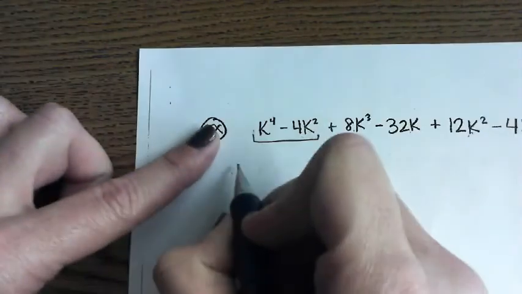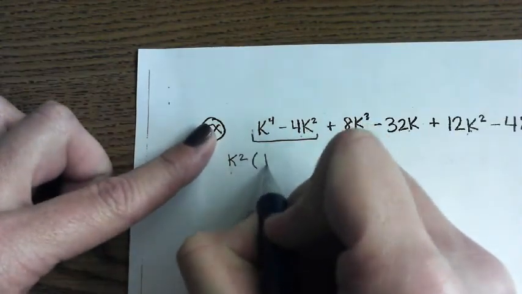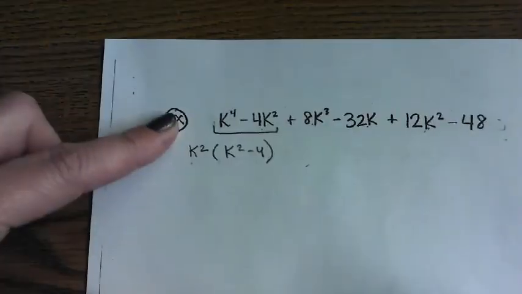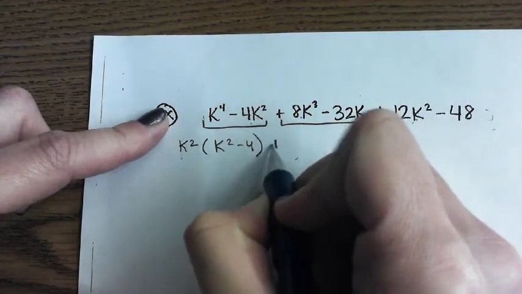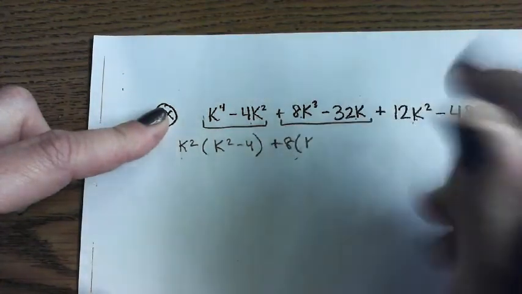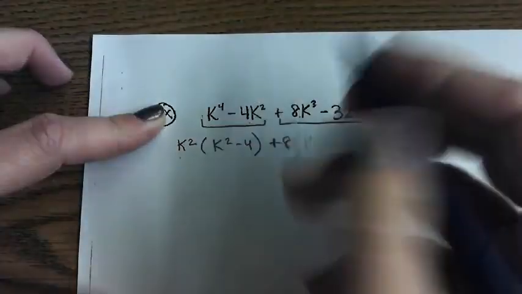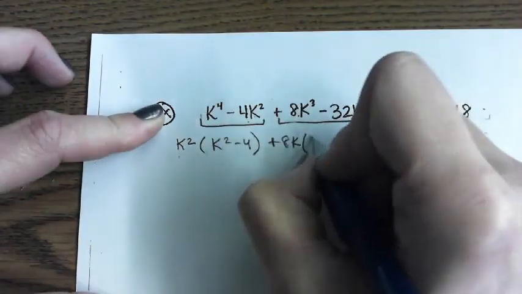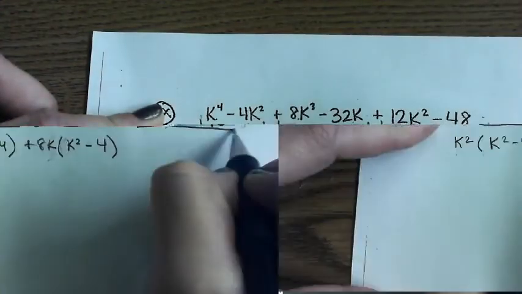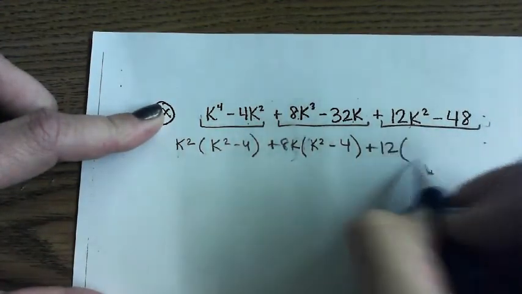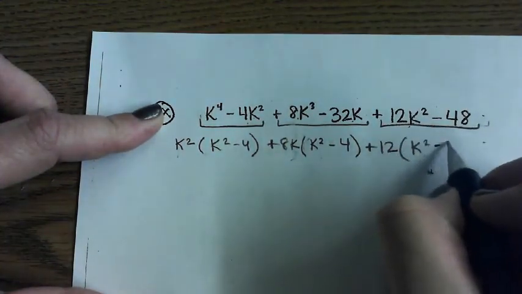Take out a k squared. Left with k squared minus 4. Next group of 2. Take out a positive 8k. I'm left with k squared minus 4. Last group, take out a 12. I'm left with k squared minus 4.